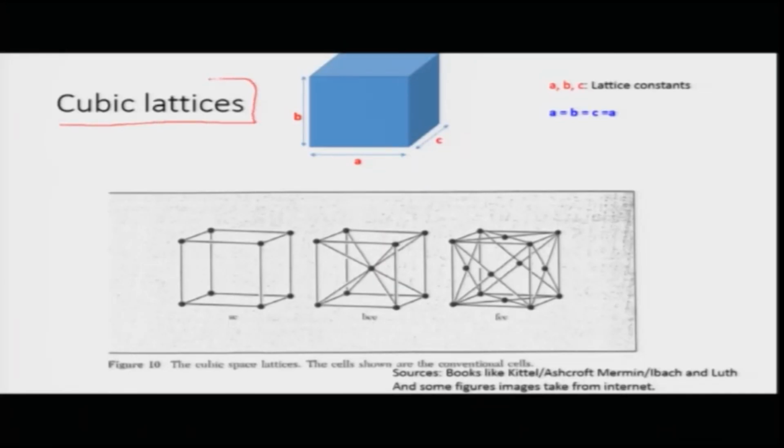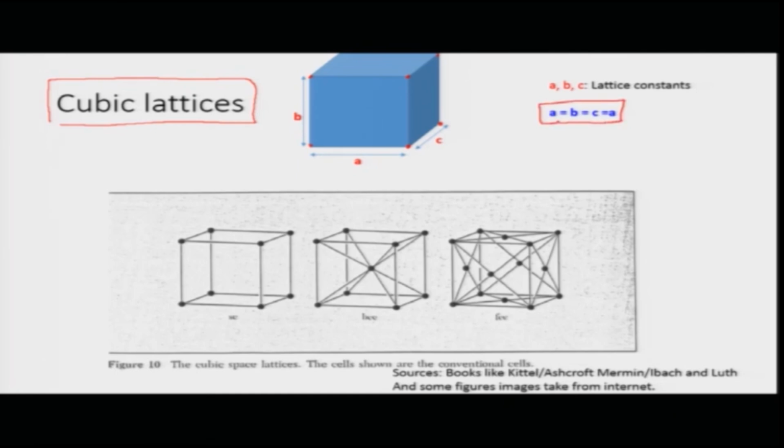Amongst those 14 Bravais lattices is an important set which falls amongst the cubic lattices, and as the name suggests, the points are arranged at the corners of the cube. The spacing between consecutive lattice points is your lattice constant, and for a cubic system the lattice constants are exactly identical.